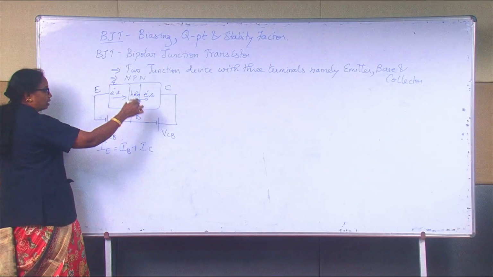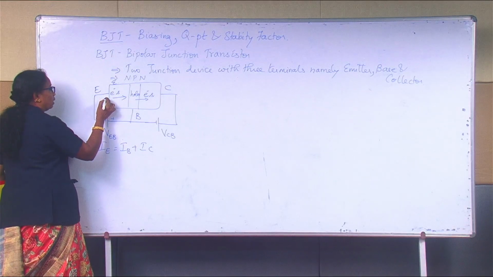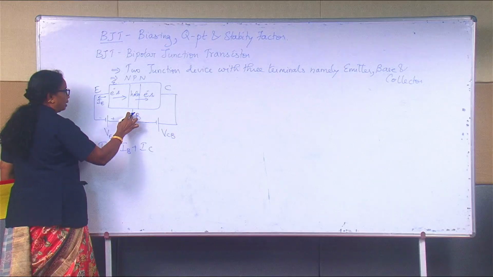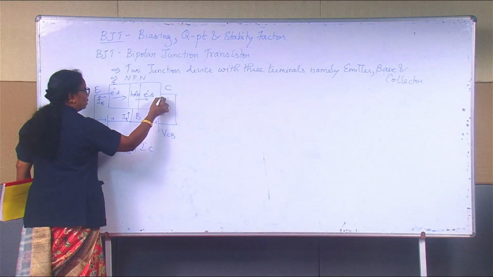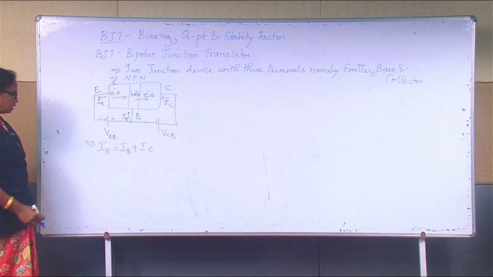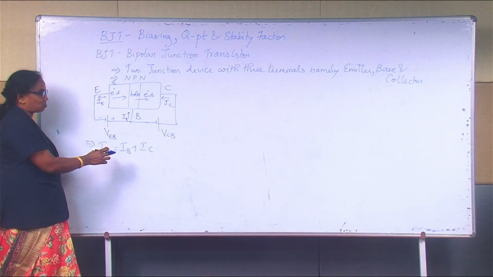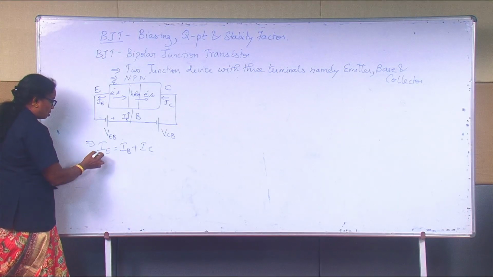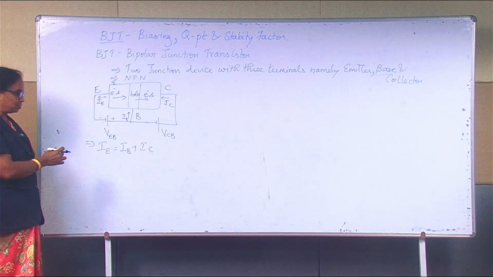If you take the direction of flow of these currents, IE will take this direction, IB will take this direction and IC will take this direction. And as we all know, the conventional current direction is opposite to the flow of electrons. So, all these parameters denote the conventional currents.